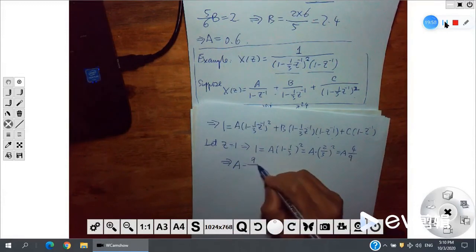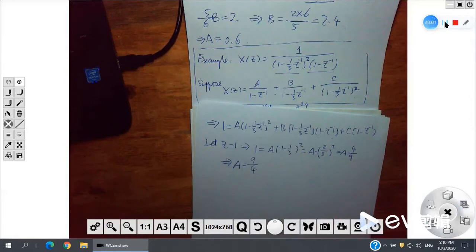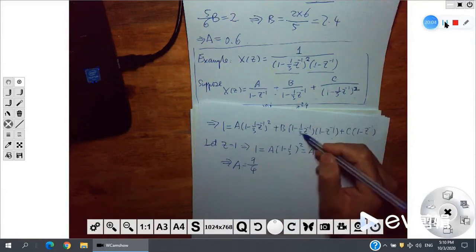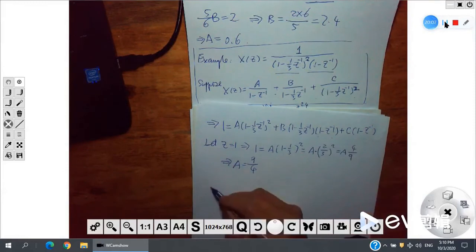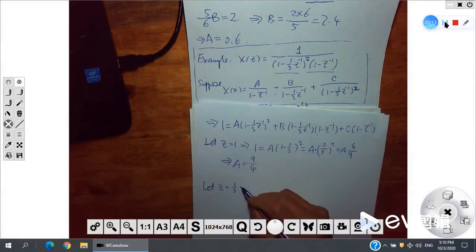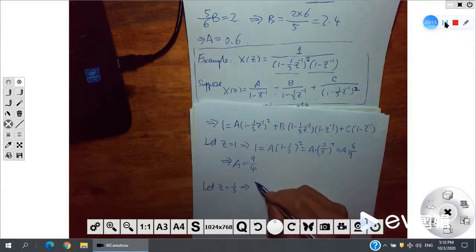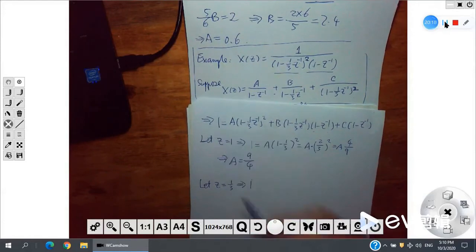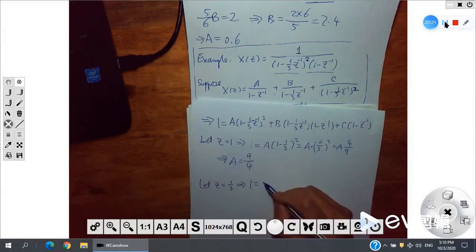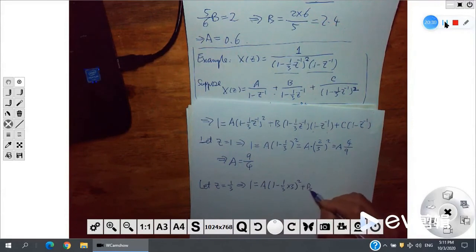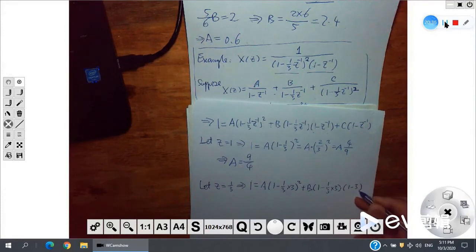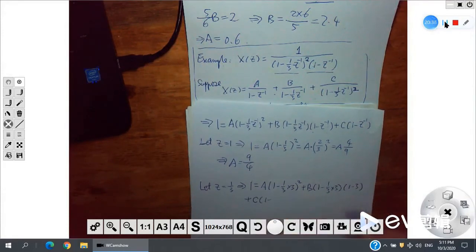So we have a, which is 9 over 4. Okay, this is a. And another number we can use here is z equal to 1/3. So let z equal to 1/3. Then this side is still 1, right? No matter what is z, this side is just 1. So 1 equal to a times 1 minus 1/3 times 3, squared, and b times 1 minus 1/3 times 3 and 1 minus 3, and plus c times 1 minus 3 z to negative 1.